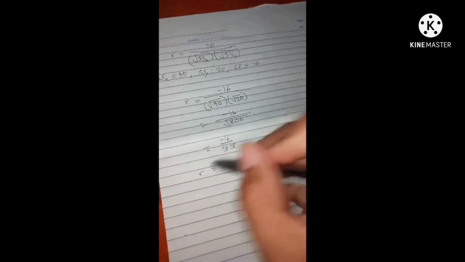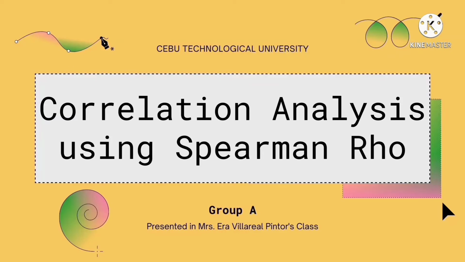So r is negative 0.57. Therefore, the value of Pearson's r is negative 0.57.